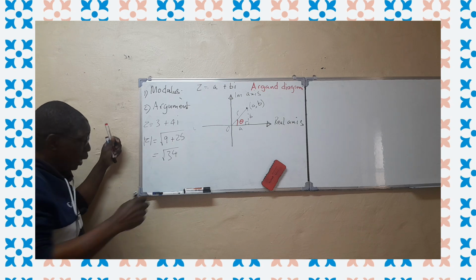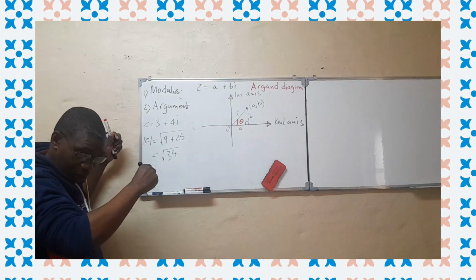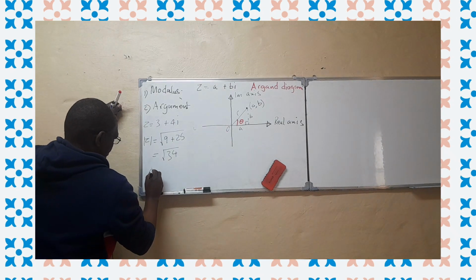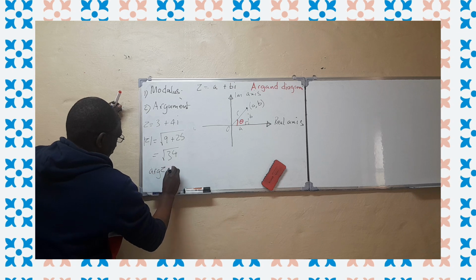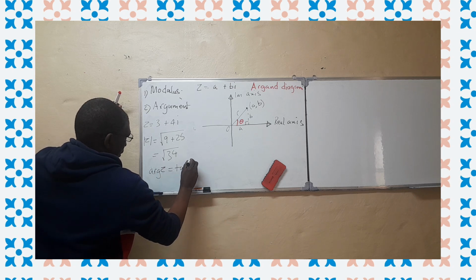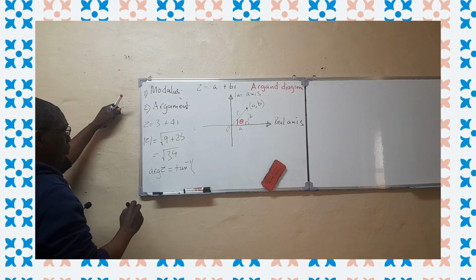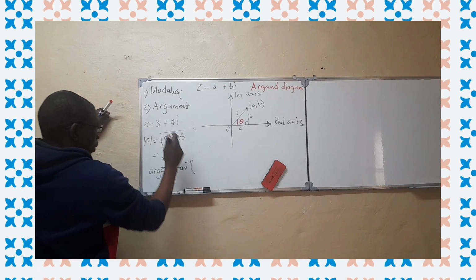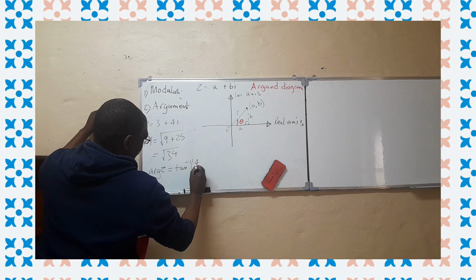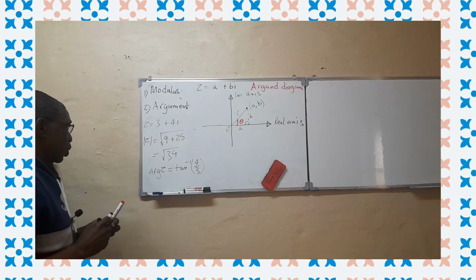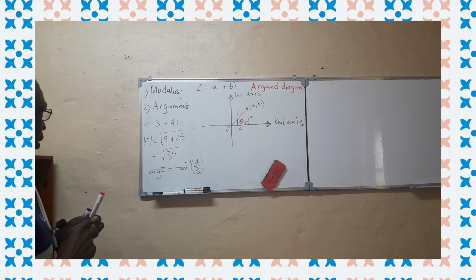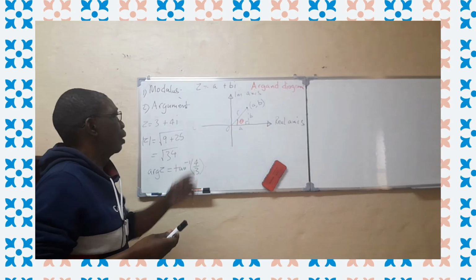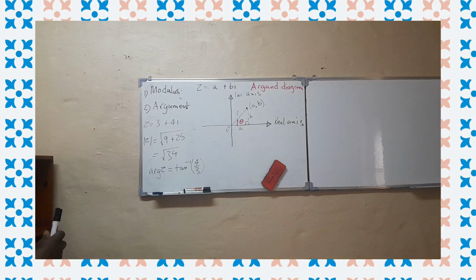Arg z is equal to arctan of this over that, which is 4 over 3, which you can evaluate on a normal calculator. Those are the two quantities related to our complex number.